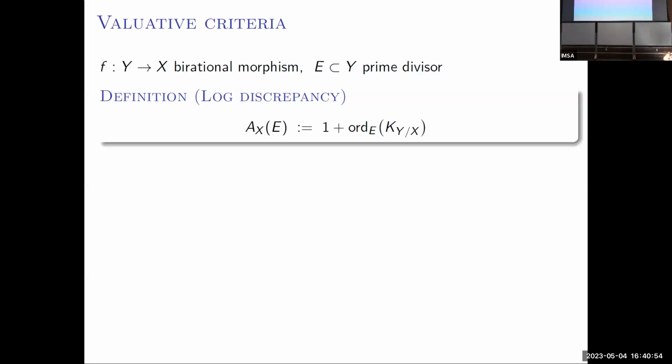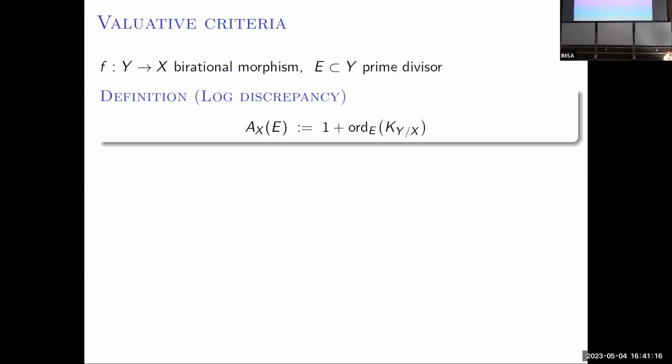If we have a meromorphic function on X, because it is birational to Y, this can be seen as a meromorphic function on Y, and then you can check the order of zero or pole of this function on E. So this is a valuation in the function field.